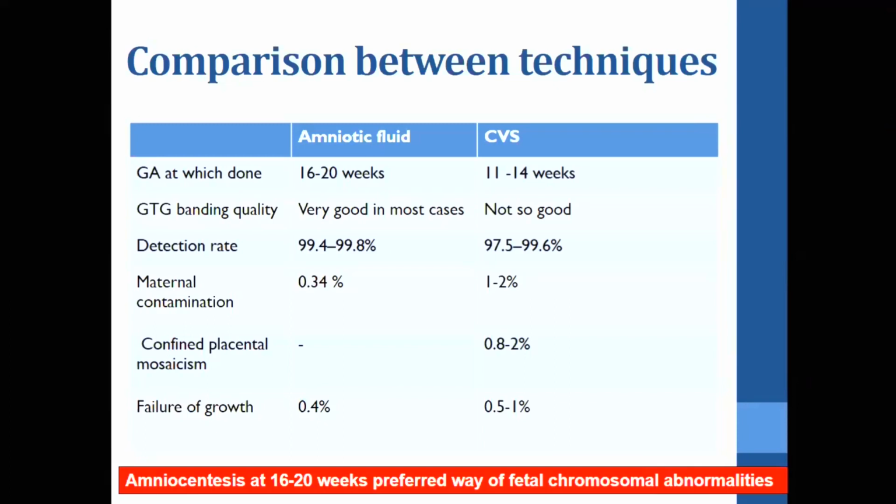The chance of maternal contamination is high in CVS, around 1 to 2%, whereas in amniotic fluid the chance of maternal cell contamination is very less. The chances of failure of growth are there in both sampling procedures. If we are looking for fetal chromosomal abnormalities by karyotyping, then amniocentesis is the preferred method. But if we are going for microarray, which is a DNA-based test, then both CVS and amniocentesis can be done.